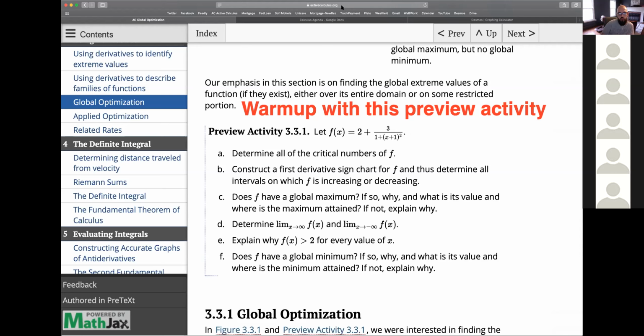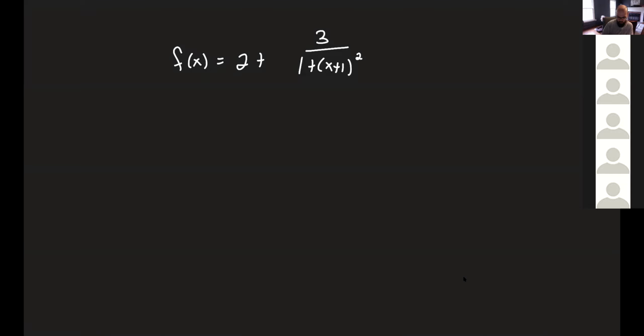Okay, so let's go ahead and do that really quickly. All right, so we'll jump over to our Blackboard here. I want to take the derivative of this, and what I see in the derivative is this 2 is going to go to 0, and then over here I'm going to have to use quotient rule. So I'll do low d high, right?